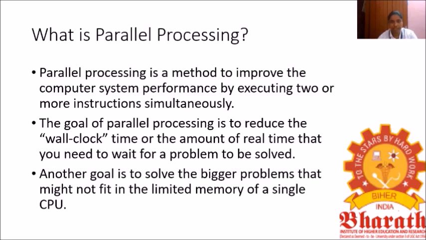A parallel processing system can carry out simultaneous data processing in order to achieve a faster execution time. For example, while an instruction is being processed in the arithmetic logic unit of the CPU, the next instruction can be read from memory. This means that when a system is running a process, the other system does not wait for it to complete.